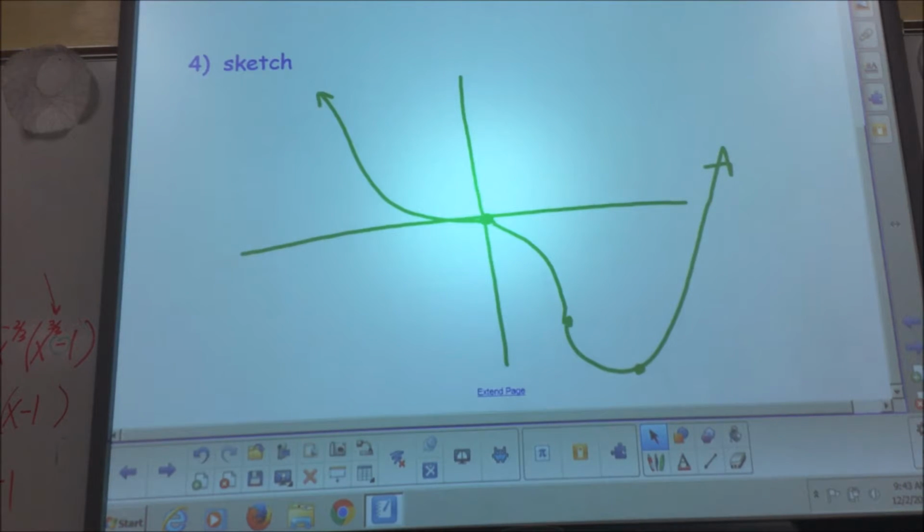So why is 0 not an extrema? Because it's decreasing from left and right, so it's a point of inflection. That nomenclature is going to be important on the AP.